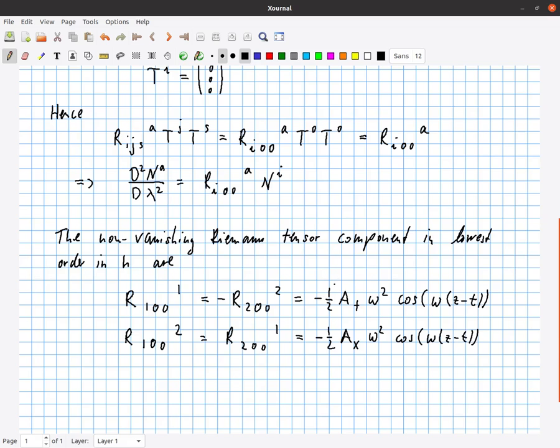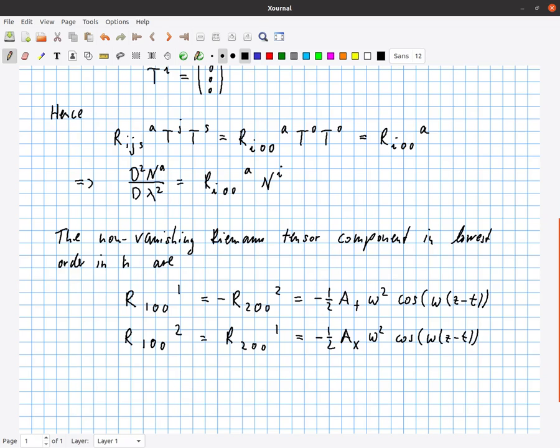You recall that our perturbation h, after we chose the most convenient coordinates that we could come up with, only contained 2 degrees of freedom, the A plus degree and the A cross degree. And the other 8 independent components were either 0 or related to A plus and A cross.